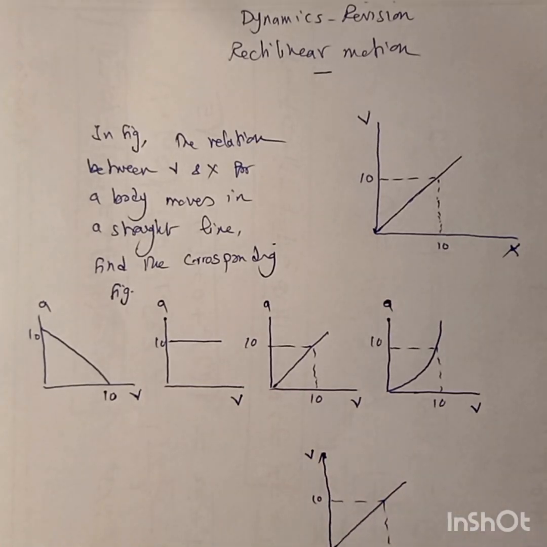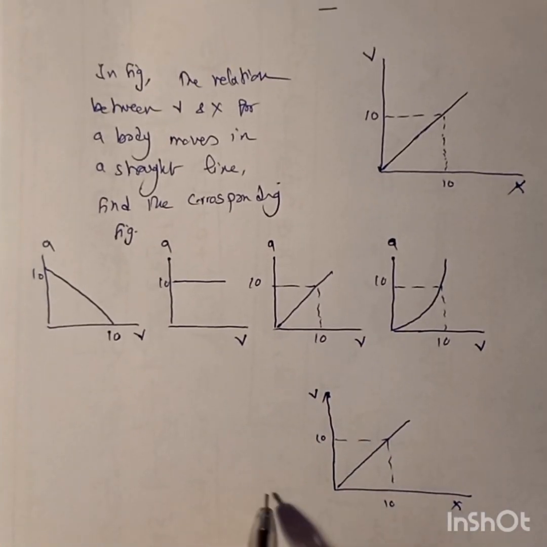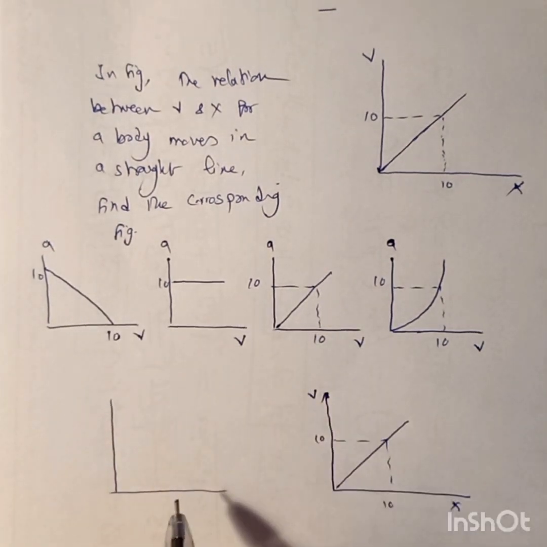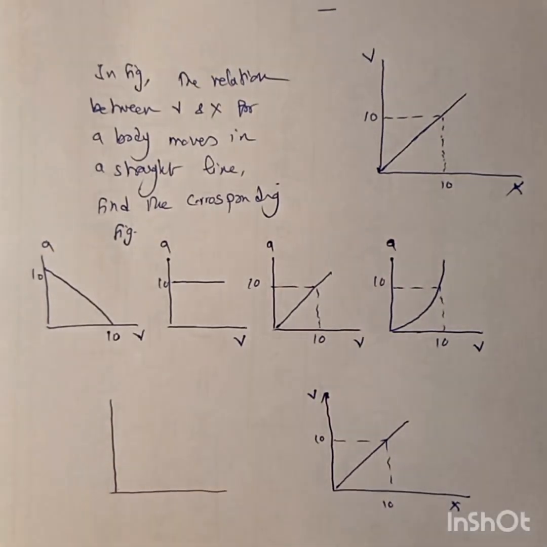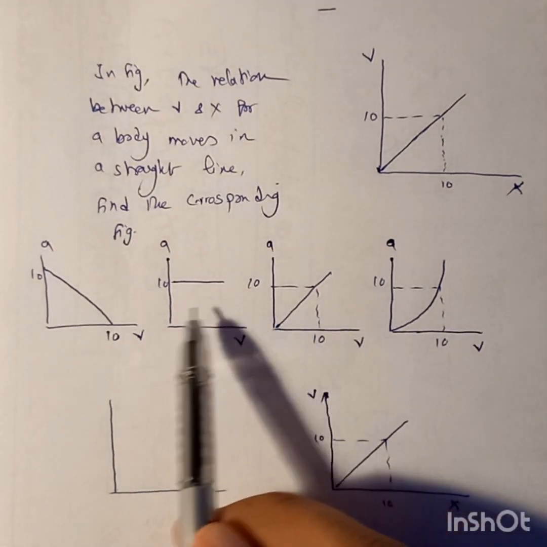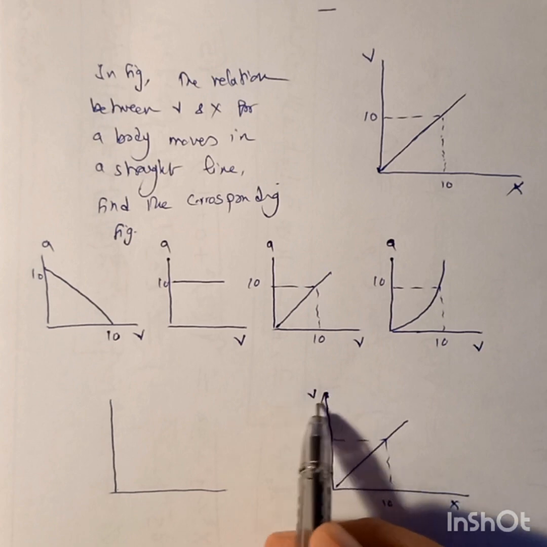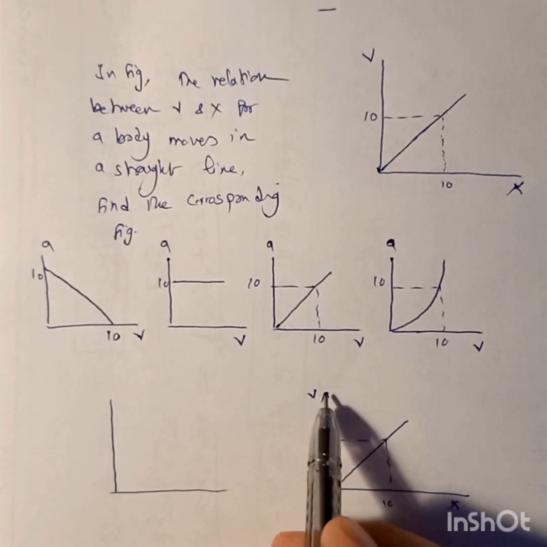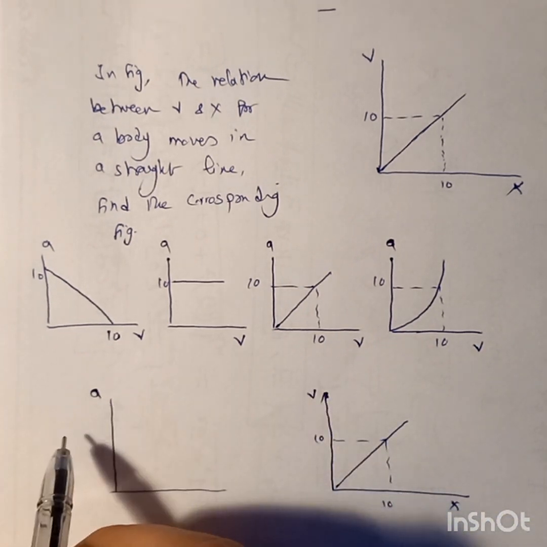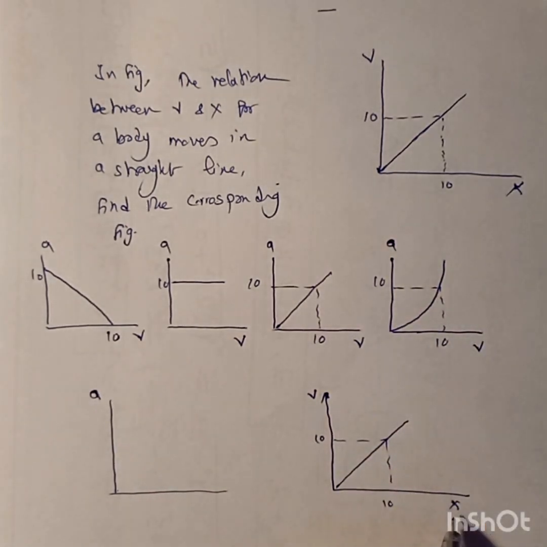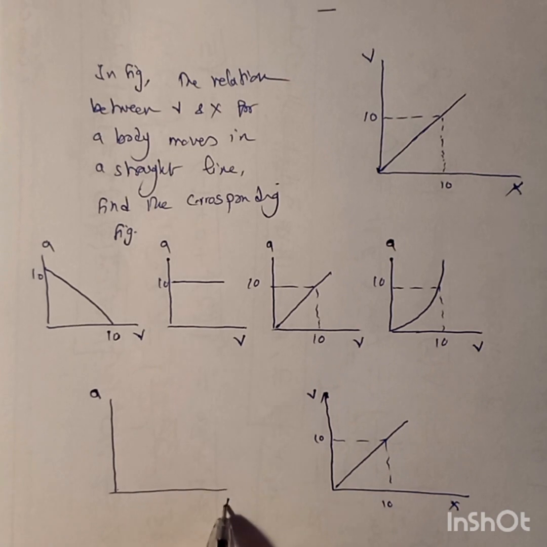First, we need to convert this curve into one of these 4 given curves. If we check these given curves, we need to change the velocity in the vertical axis to acceleration, and we need to change x, displacement or position, to velocity.